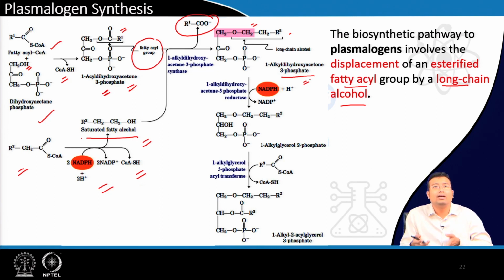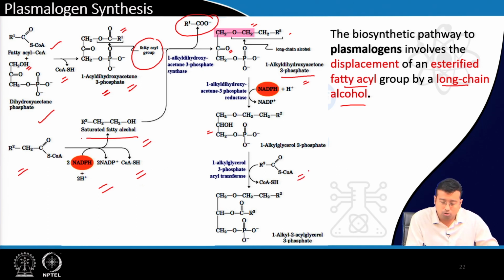So, if we reduce it, what will happen? This dihydroxyacetone phosphate, I already told you, this ketone group will be reduced, and now we are getting the structure of glycerol, right. So, when this is reduced, this C=O will become CHOH. So, now what is the final structure, and we can also replace the acyl group.